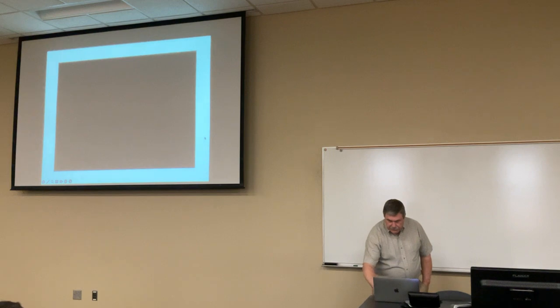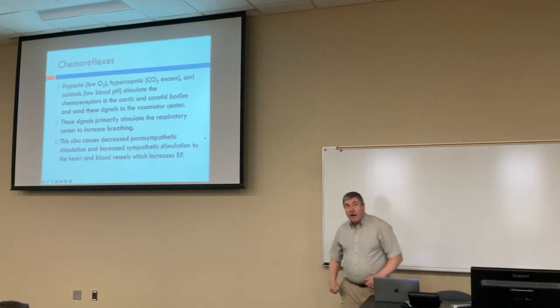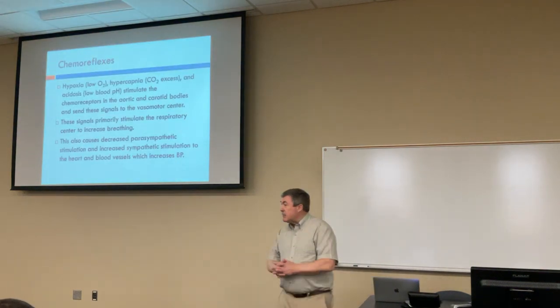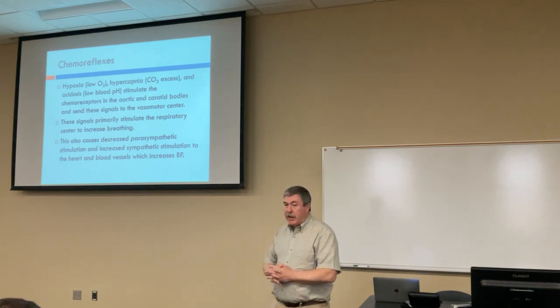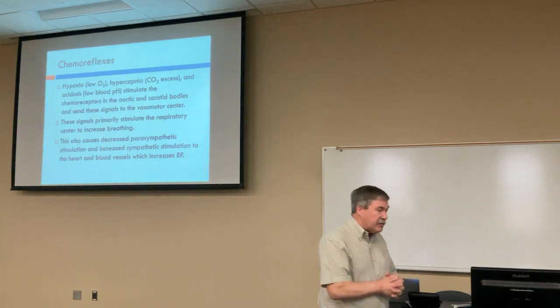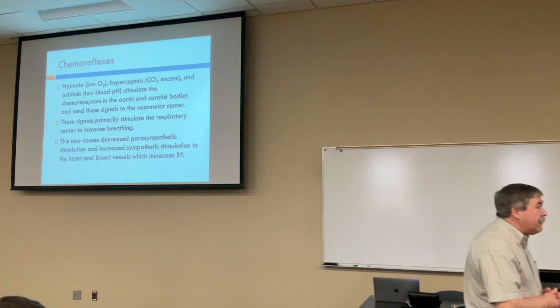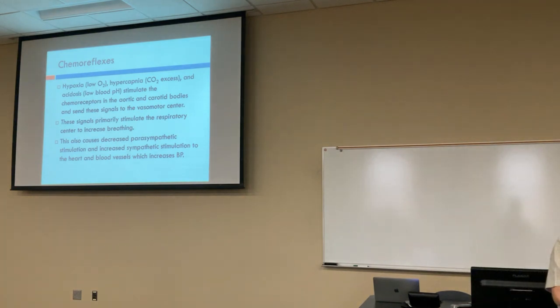All right. Okay, now, a second mechanism that also can affect the vasomotor center of the medulla oblongata are chemoreflexes. Now, chemoreflexes actually mainly are involved in regulation of breathing.